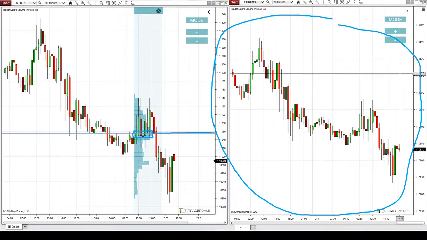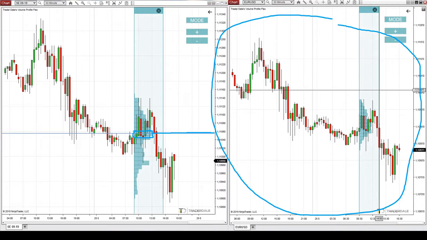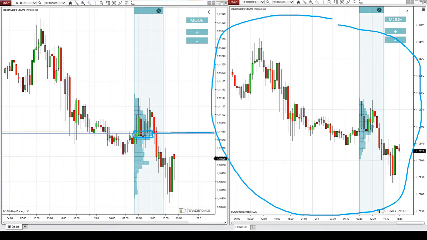How I do it is I select the same area with the flexible volume profile, like this. You select the same area, and then you look for the heaviest volumes in here. So this is the area we are interested in. This is the same area. You can tell if you look at the price action that this is the same area.